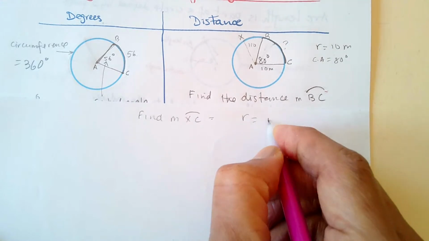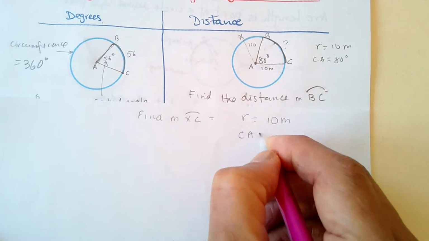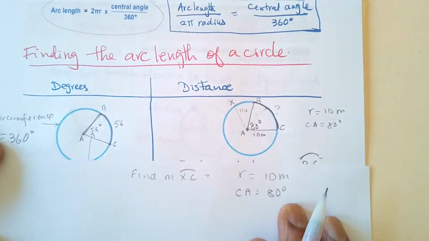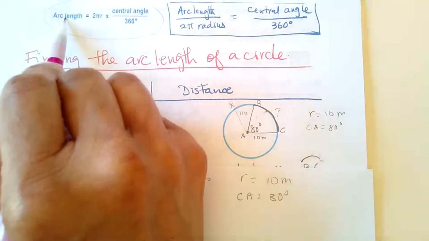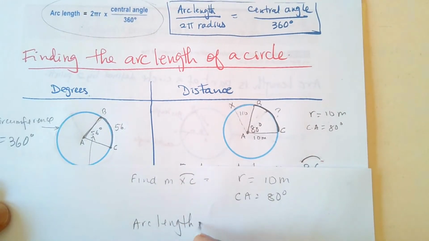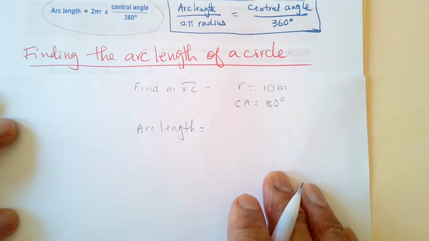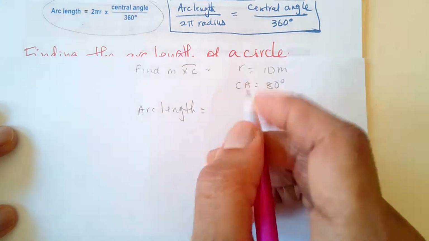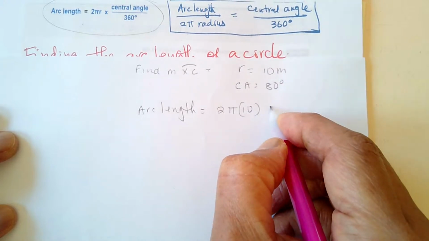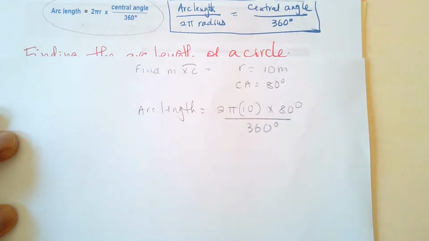We know the radius is equal to 10 meters, and our central angle is equal to 80 degrees. So I'll use this other formula here, which is arc length. Arc length is equal to 2 times pi times the radius, 10, multiplied by the central angle, 80 degrees, all over 360.